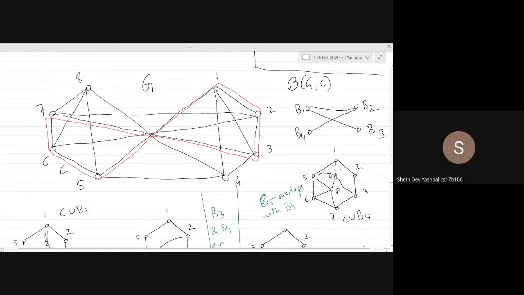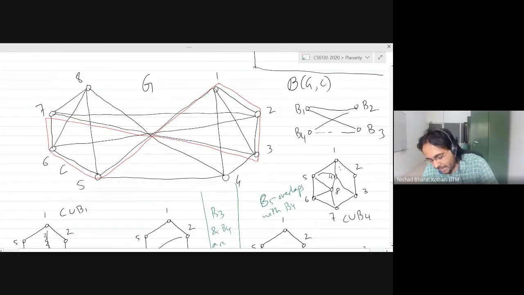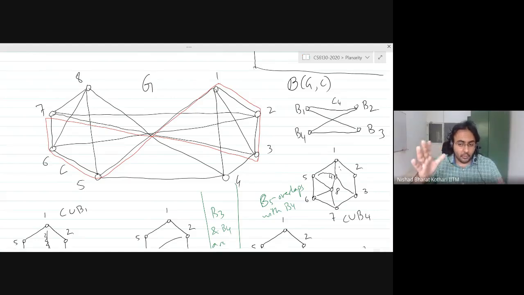So the bridge overlap graph is a bipartite graph. It is C4, the cycle on 4 vertices. And because it is bipartite, you were able to put the bridges on one side inside, and the bridges on the other side outside. However, if the graph is non-bipartite, then you will not be able to do this.